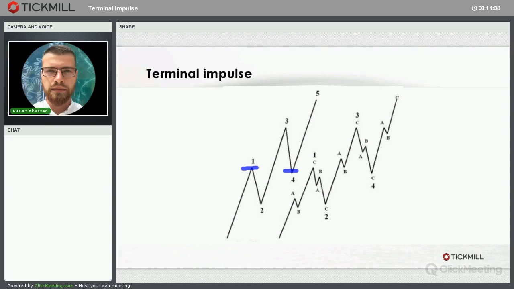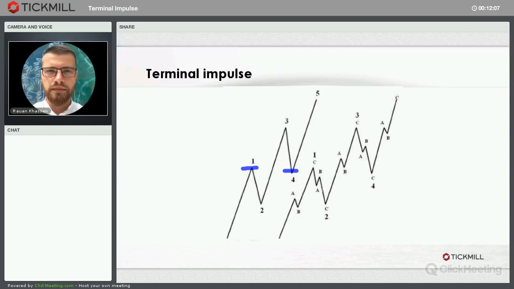Terminal impulse by itself is a trend wave which fully consists of correction waves. Same as trend impulse, terminal one has 5 elements. 3 of them follow the trend direction, and 2 of them have the opposite direction. All waves which are included in terminal impulse have a correction inner structure.